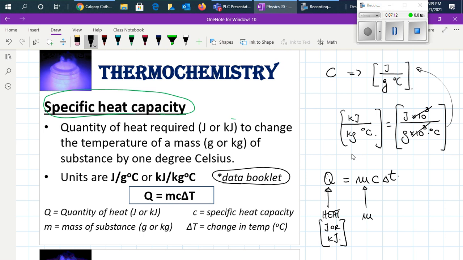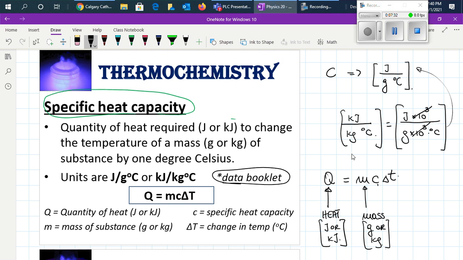M is the mass of the surrounding, and it is measured in grams or kilograms. Usually, if it is in joules, then in grams. If it is in kilojoules, then it is in kilograms.